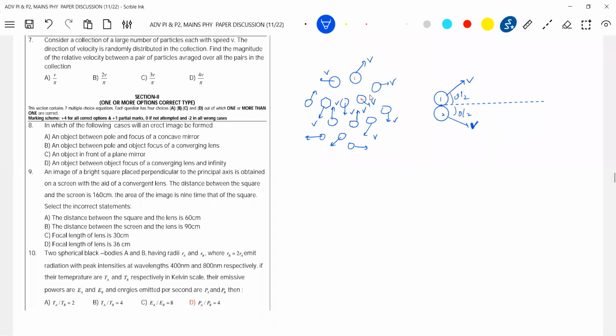What would be the x component of relative velocity? V1,2x should be equal to 2v cos theta by 2 minus 2v cos theta by 2. It will cancel out, so it will be 0. Then V1,2y will be 2v sine theta by 2.